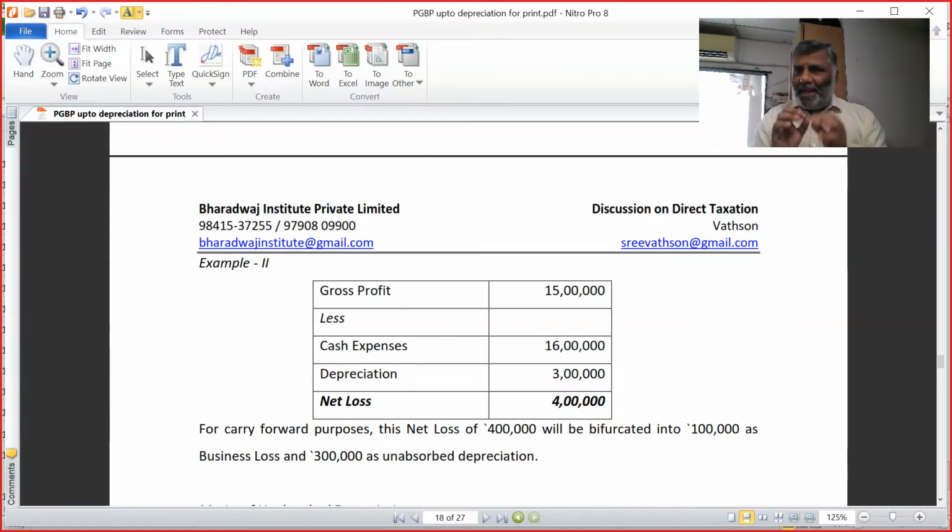The law says all losses mentioned in sections 70 to 79 in the set off chapter can be carried forward only if the return of income is filed as per section 139 before the due date.